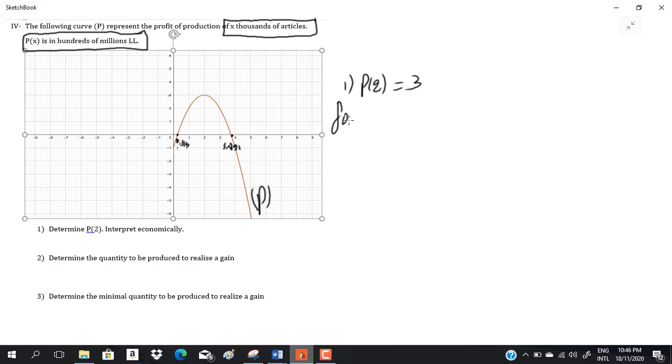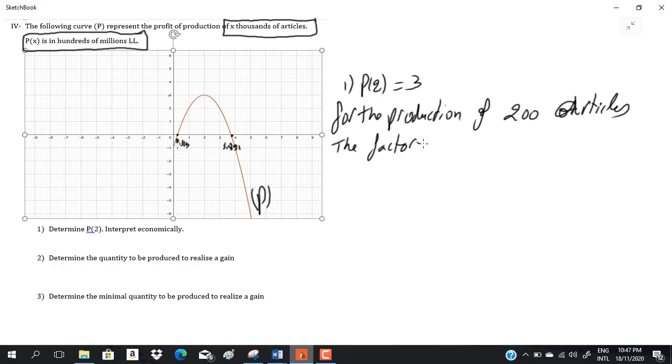So for the production of 2,000 articles, the factory realizes a profit equal to 300 million Lebanese lira, because we have to multiply by 100 million.